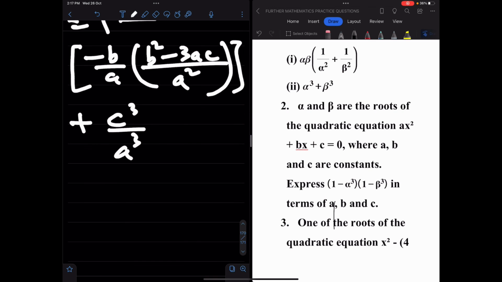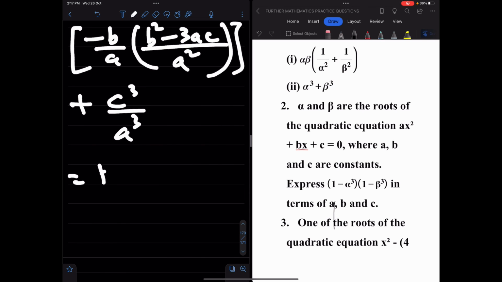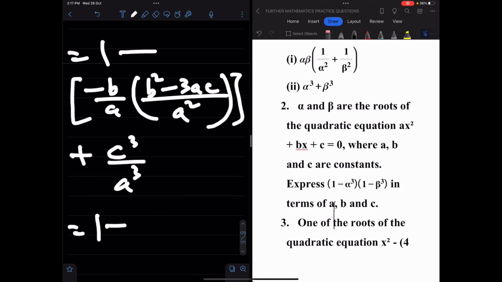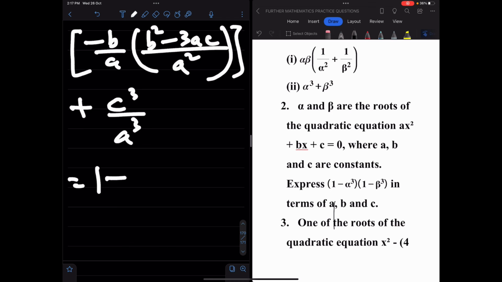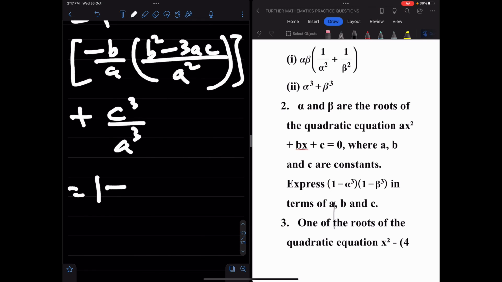Can we simplify further? That's equal to 1 minus, now if I expand the bracket, I'm multiplying this by this, and that's going to give me minus b cubed.